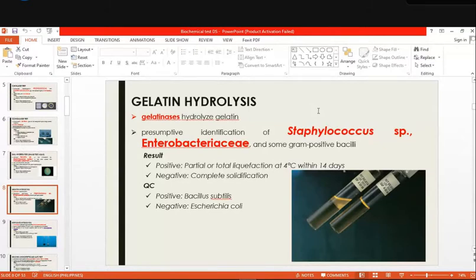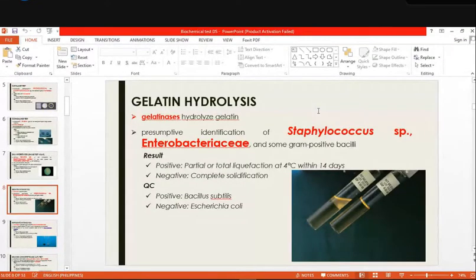Our positive result is total or partial liquefaction. When you bring out gelatin and the mixture is not right, it cannot liquefy. So when we inoculate a heavy inoculum of the test bacteria, the manner of inoculation is by stabbing into the tube.